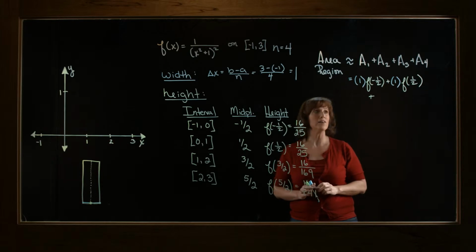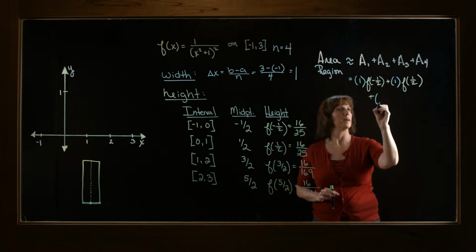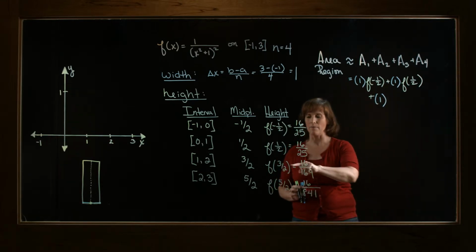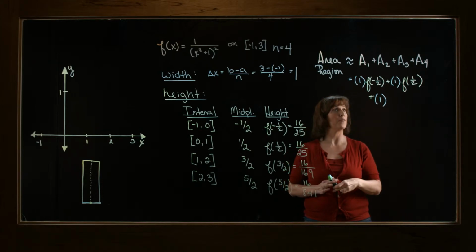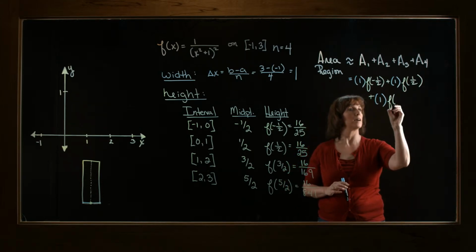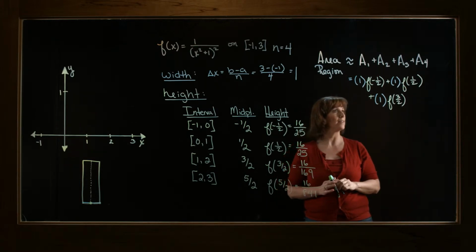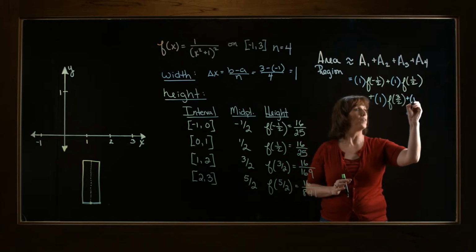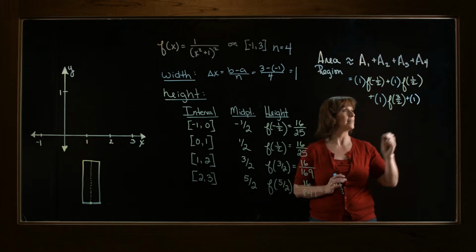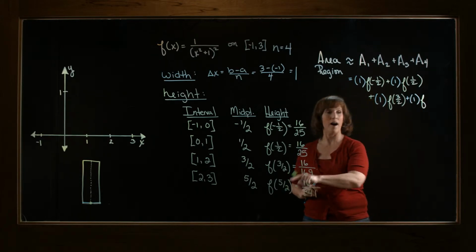For the third rectangle, again, I have a width of 1. This time, I have a height of f of 3/2. And for the last rectangle, a width of 1 and a height of f of 5/2.